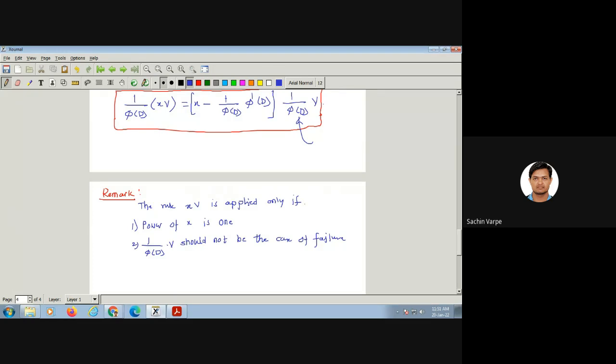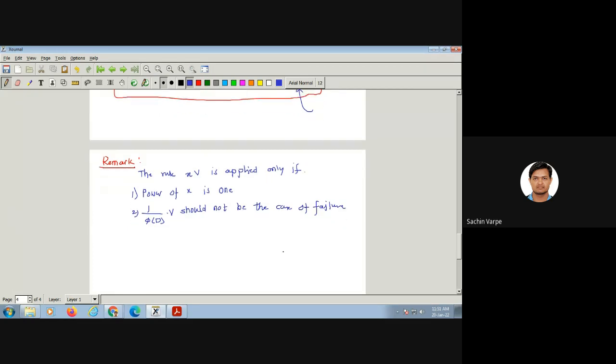That phi of d must be non-zero. ठीक है, अगर वो जीरो होता है तो वो केस फेल होता है.